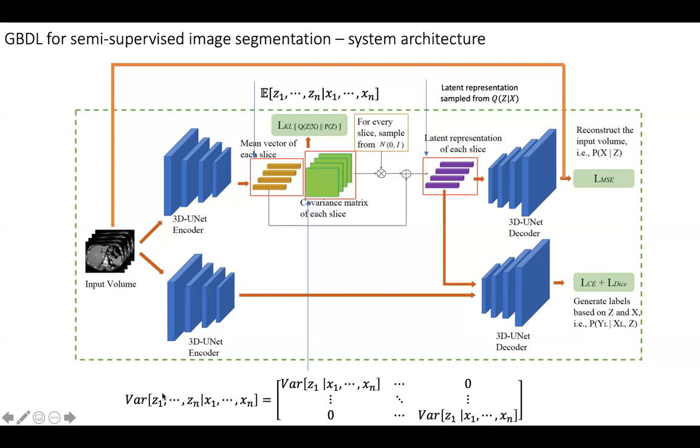Here the covariance matrix in this paper is assumed to be a diagonal matrix, basically no correlation between the different latent variables.